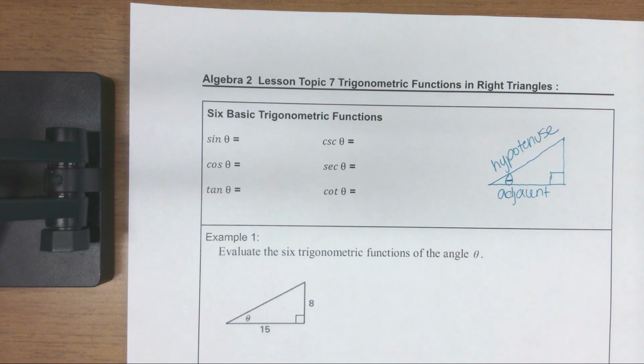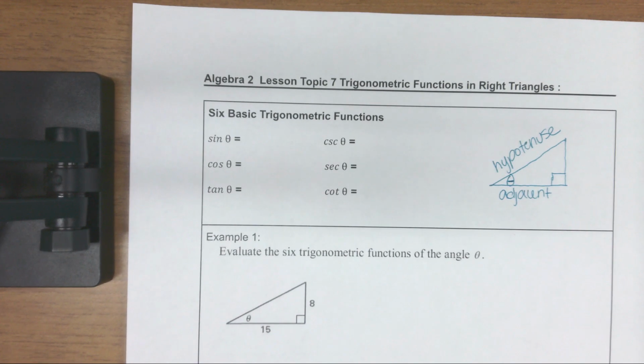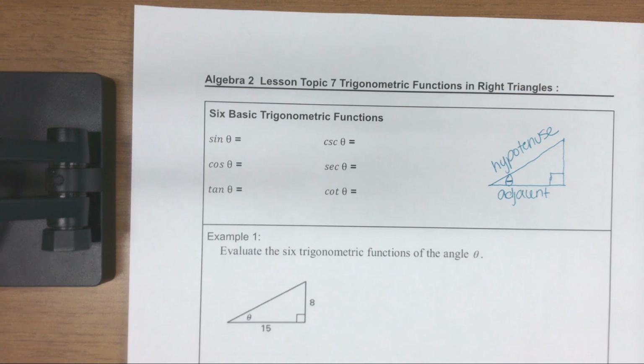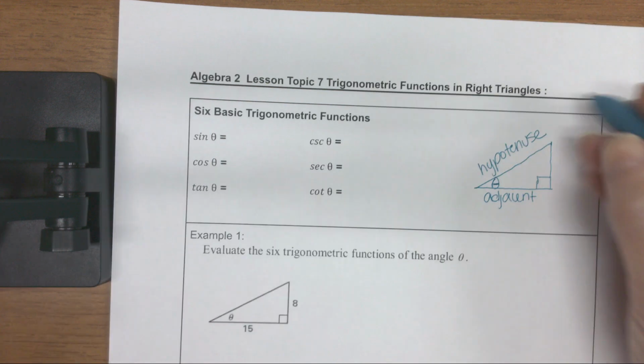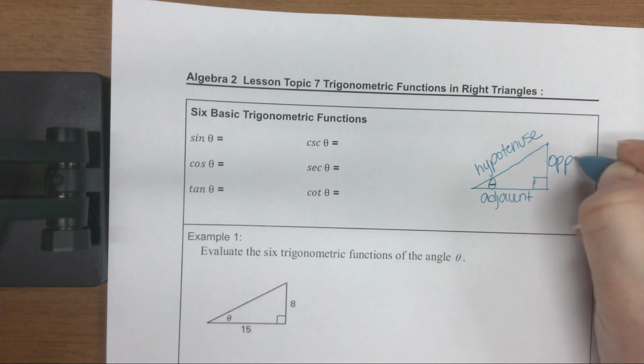The legs are the things that are not the hypotenuse. So we have adjacent, and then the other leg, which is called the opposite leg.